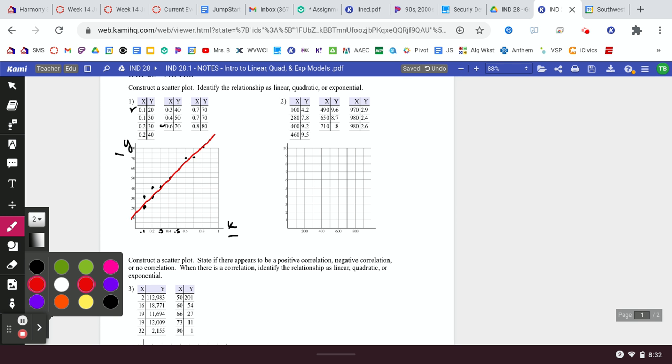What I will do real quickly is save this answer key and shoot it over to my other computer so I can show you already graphed. I think that'll be quicker.